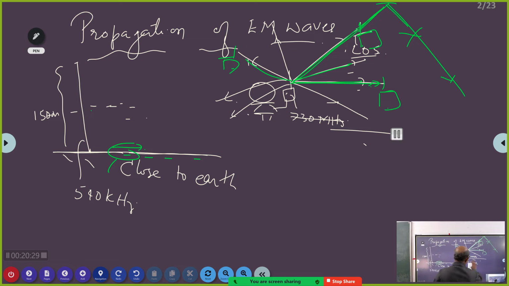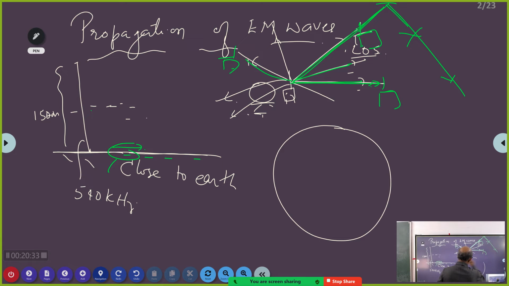See, for example, even this way you see. Our Earth is like this. Now, supposing I have an antenna here like this. Now, see here very carefully. There are many waves traveling in different directions. So you can see one wave traveling like this.